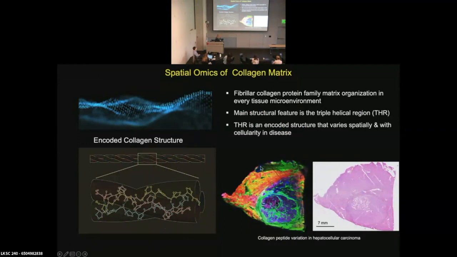What you'll see here is an image of these different variations in triple helical structure in hepatocellular carcinoma. The point to get across is that the THR is an encoded structure that varies spatially and with cellularity in disease, and it has a very high predictive value.